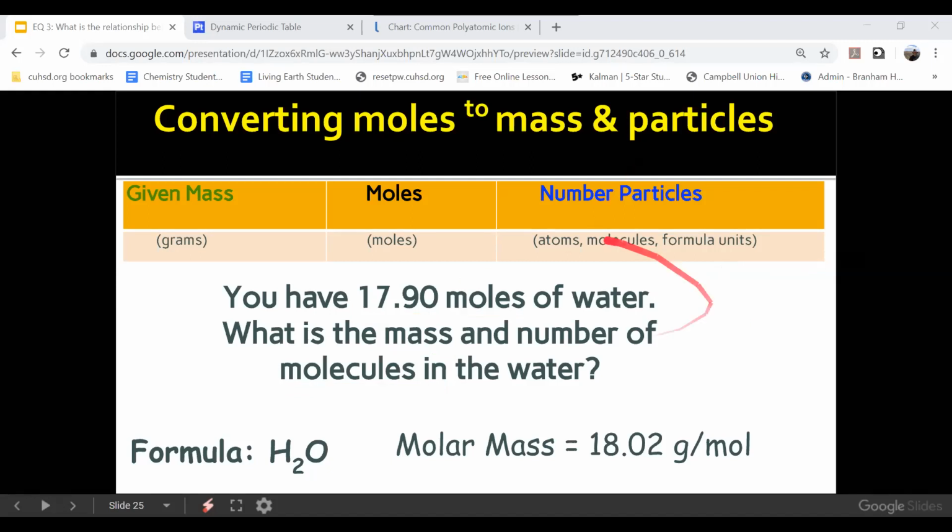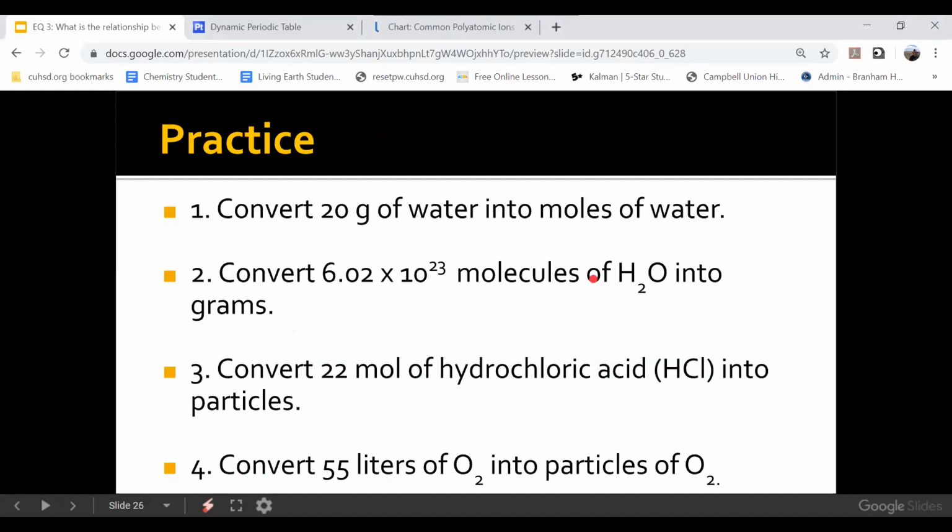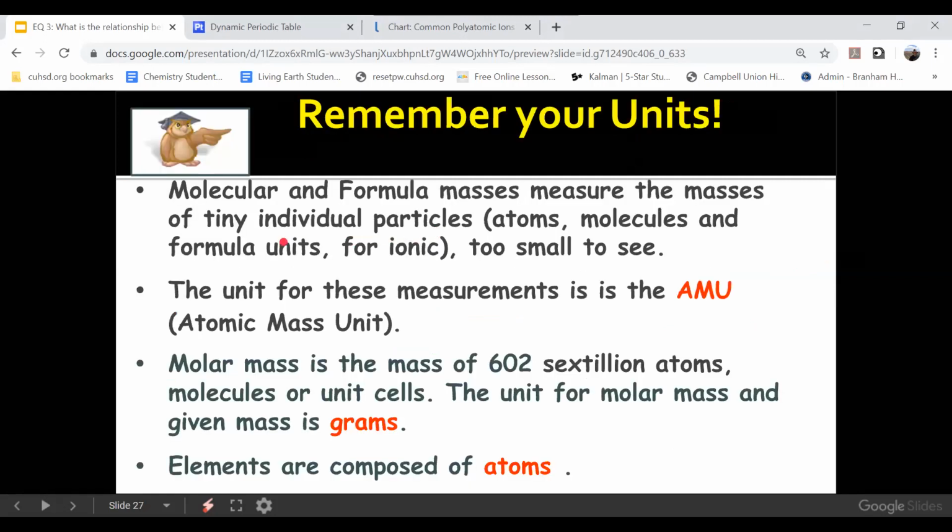So this one you'd have two answers. So these are all the same types of practice that you should be doing to see how this goes. And the last thing is just kind of a reminder for everything. So remember that molecular and formula mass measure the masses of tiny particles too small to see. The unit for these measurements are AMUs, atomic mass units.